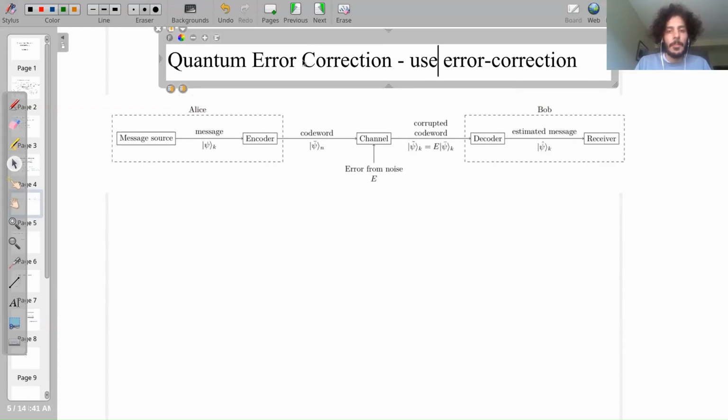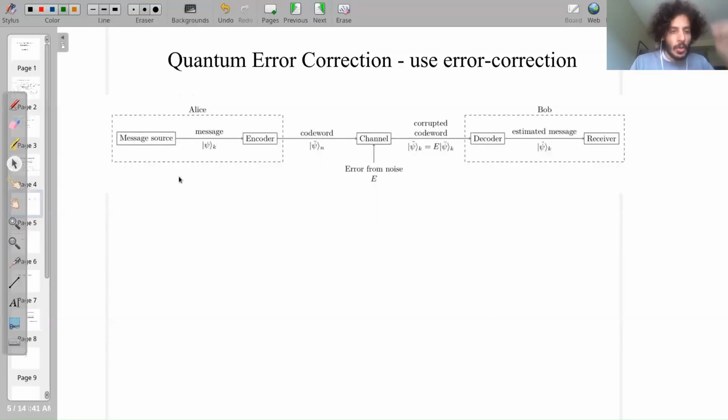Much like in the classical case, there's a message source in which Alice is trying to send out psi k, and there'll be an encoder. This will be some sort of mini quantum computer that applies some operations to psi k, and instead of a state of k qubits, you will have a state of n qubits, called the quantum code word, but I'll just refer to it as a code word because we'll only be talking about quantum from now on.